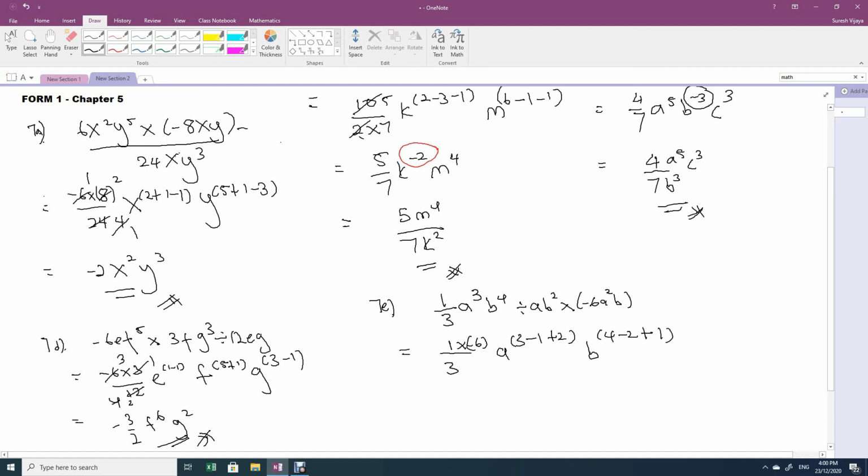Simplifying this, we divide by 2 and we have minus 2. Then we have a to the power of 5 minus 1 will be 4, and b to the power of 2 plus 1 will be 3. So this is the answer: negative 2a to the power of 4, b to the power of 3.